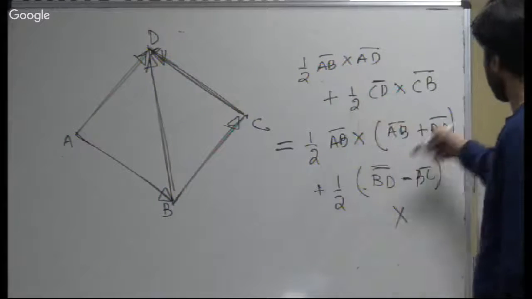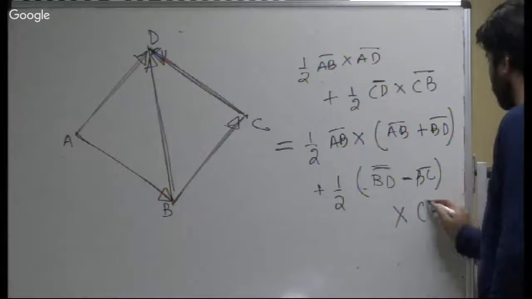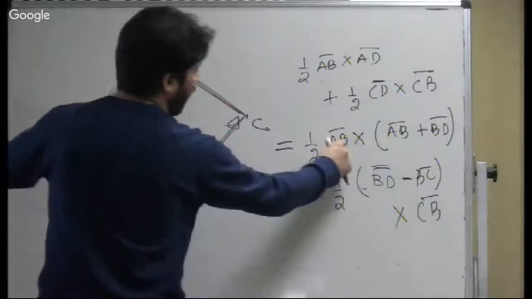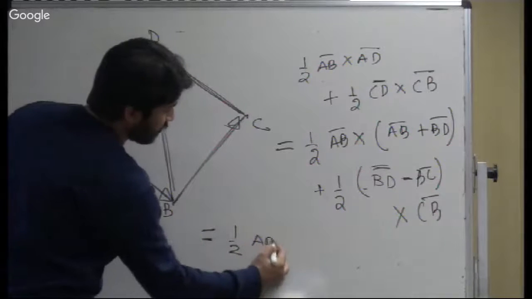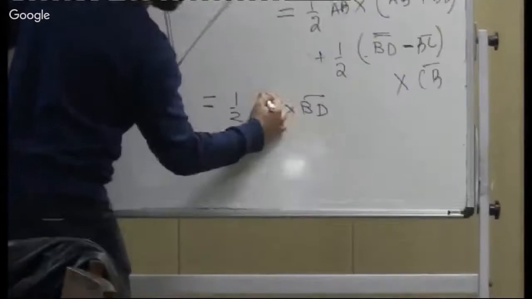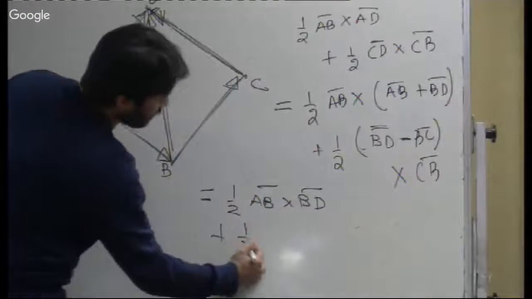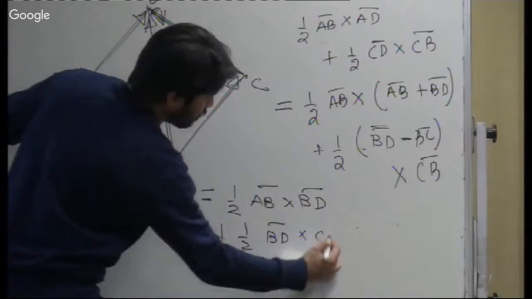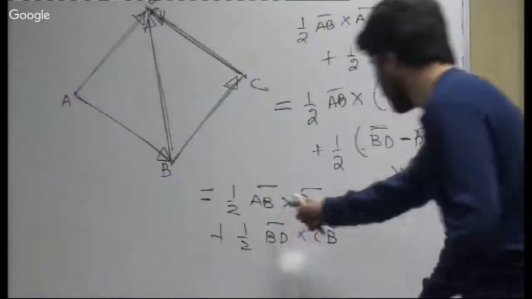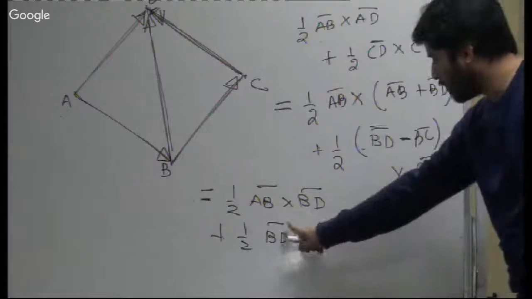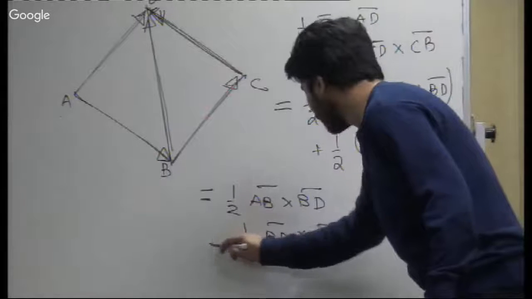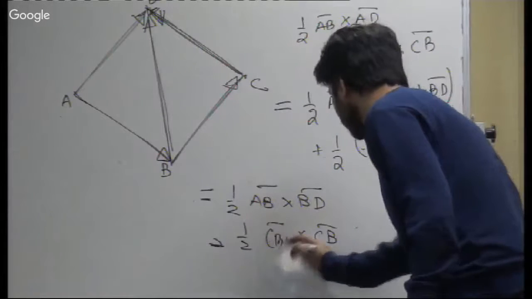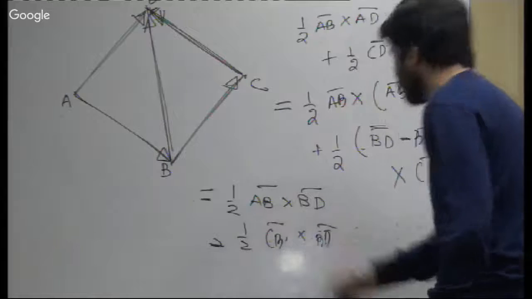cross CB. Right. Now see what happened. Half AB cross AB will turn out to be cancelled out and we'll be left with half AB into BD plus CB cross BC will get cancelled and we'll be left with. Now what you see, the common thing BD, but you have here before and here after, so I can say minus CB BD.